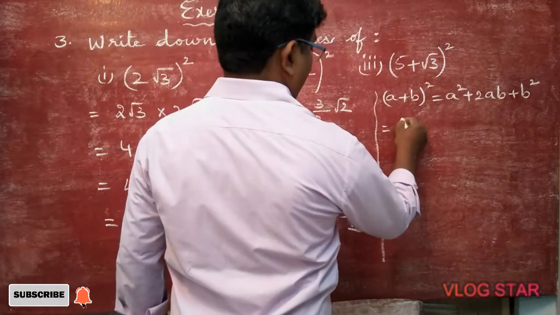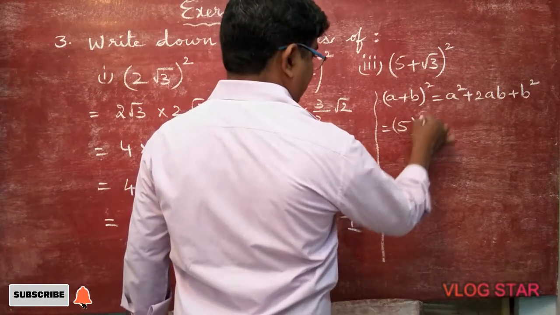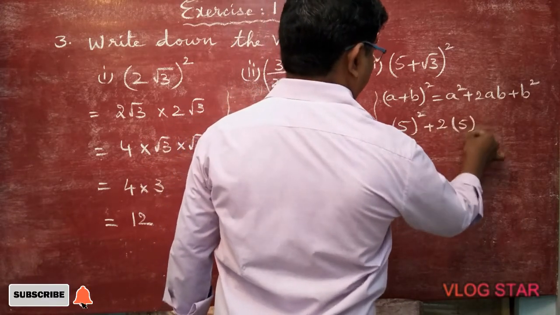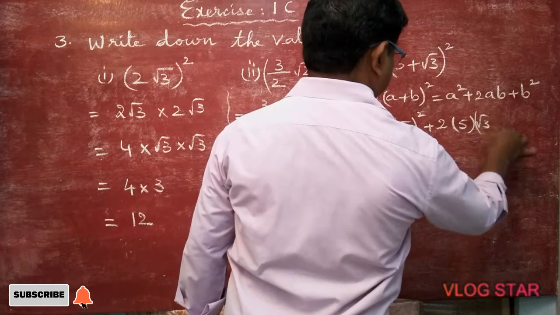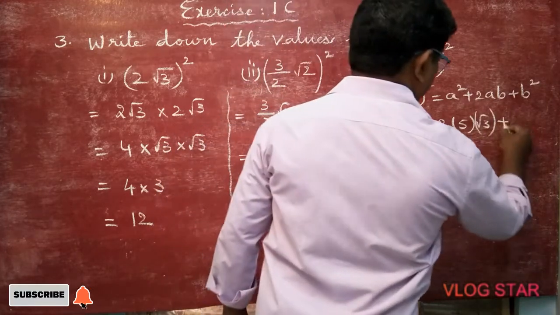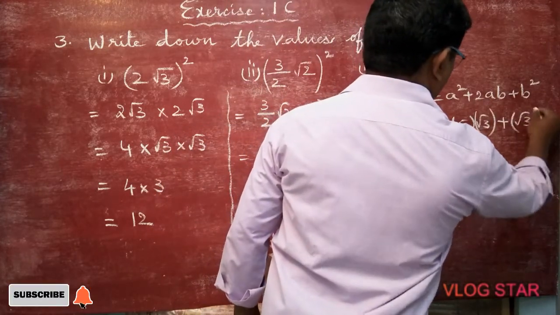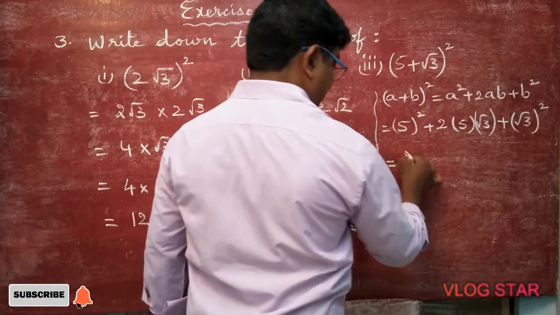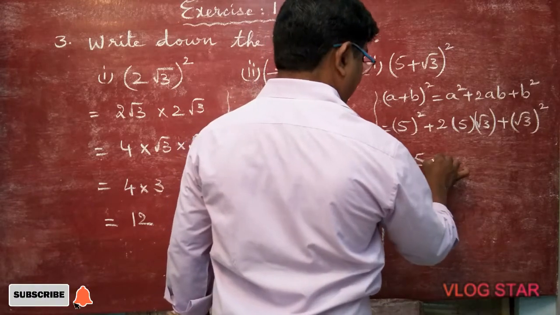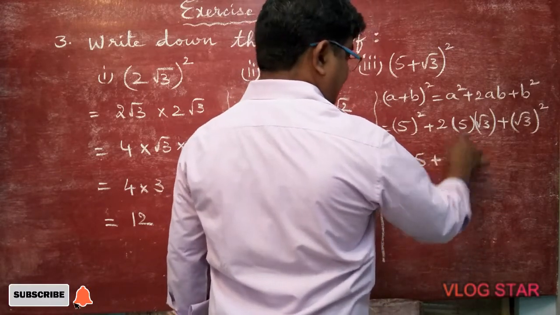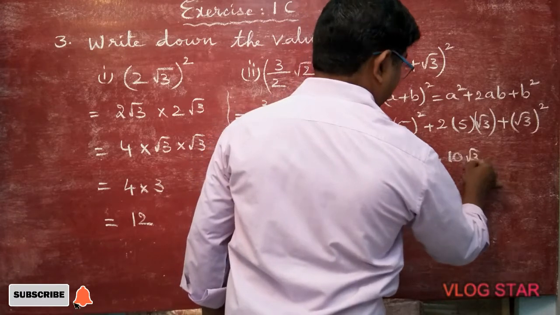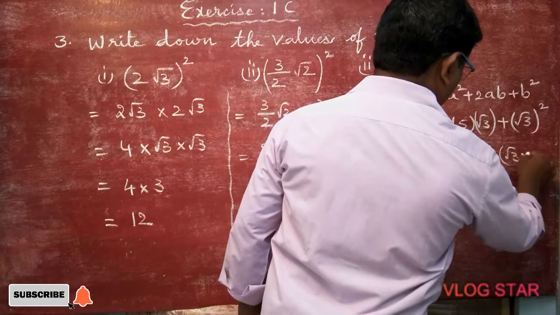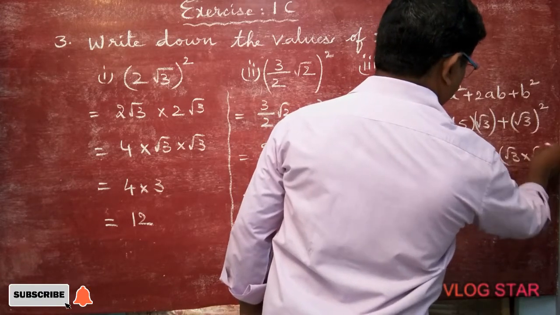Now A square means 5 square plus 2AB, 2 into 5 into root 3, plus root 3 whole square. That is equal to 5 5s are 25 plus 2 5s 10 root 3 plus root 3 into root 3. Meaning of root 3 whole square is root 3 into root 3.